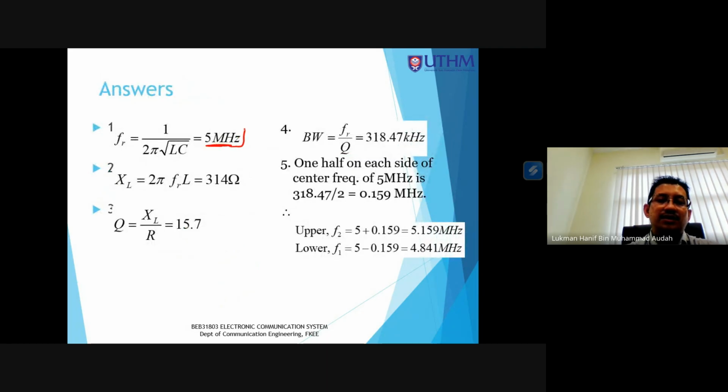In the exam, you should not do it like this. This is just to simplify your understanding in this lecture. In the exam or in the test, you should write the absolute value 4998056. So it is actually 4.998 megahertz. That's the precise answer.